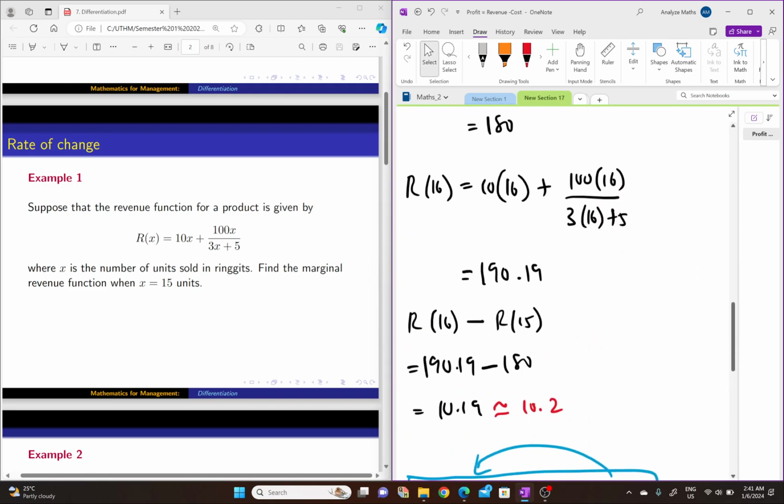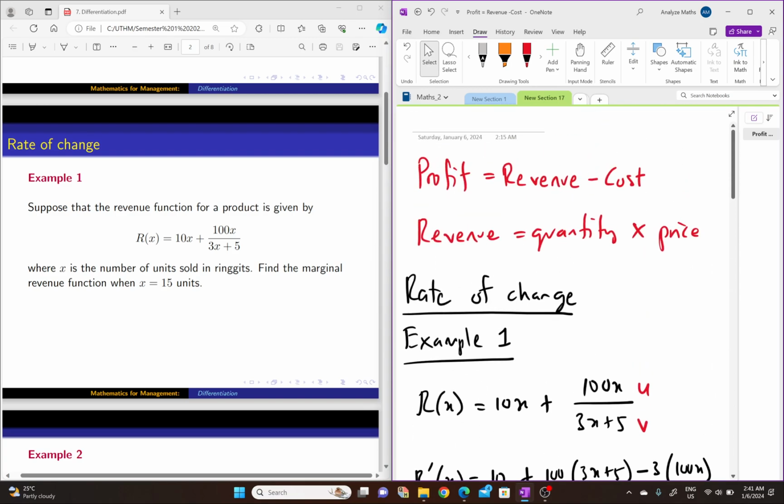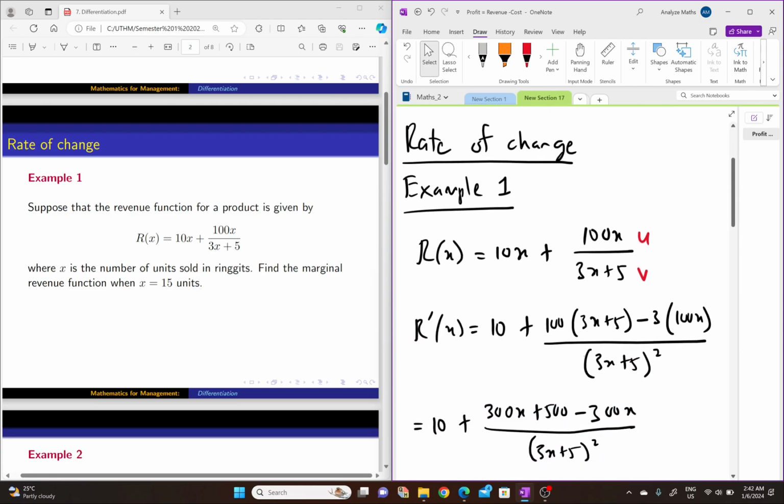Okay, so if I want to recall what I taught here, until here we have the profit equation and revenue equation. So the first application of differentiation is rate of change. The question asks you to find the marginal revenue function.